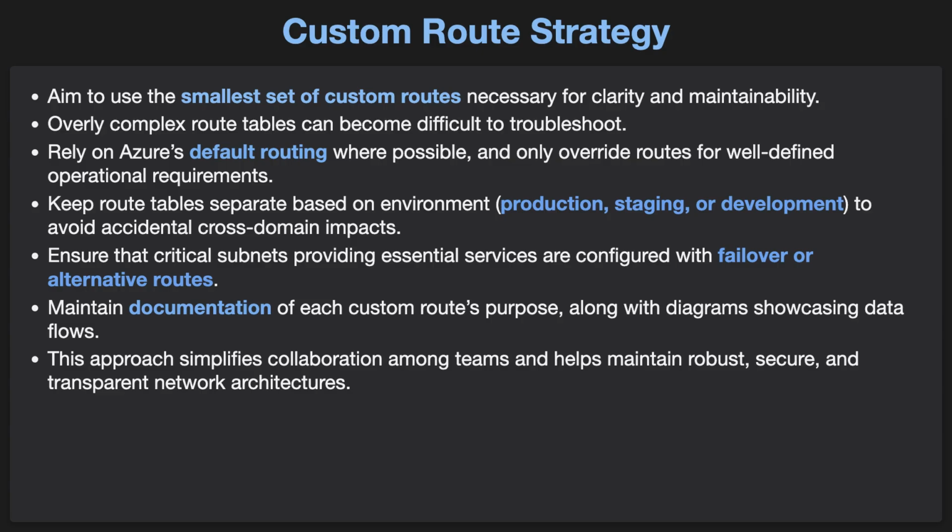Ensure that critical subnets providing essential services are configured with failover or alternative routes. Finally, maintain documentation of each custom route's purpose, along with diagrams showcasing data flows. This approach simplifies collaboration among teams and helps maintain robust, secure, and transparent network architectures.